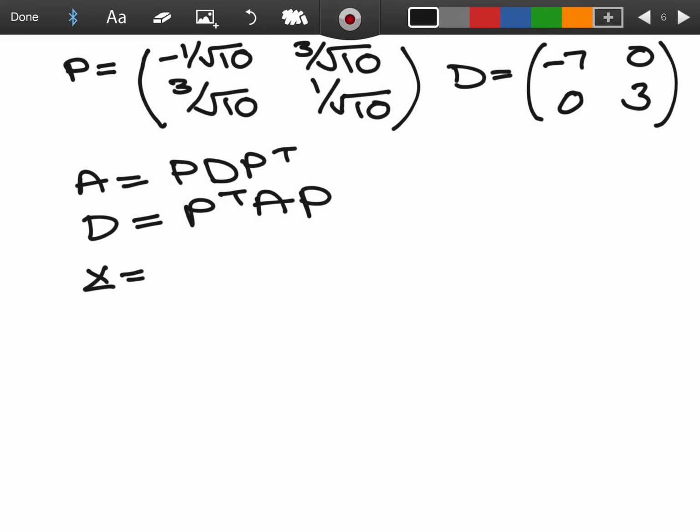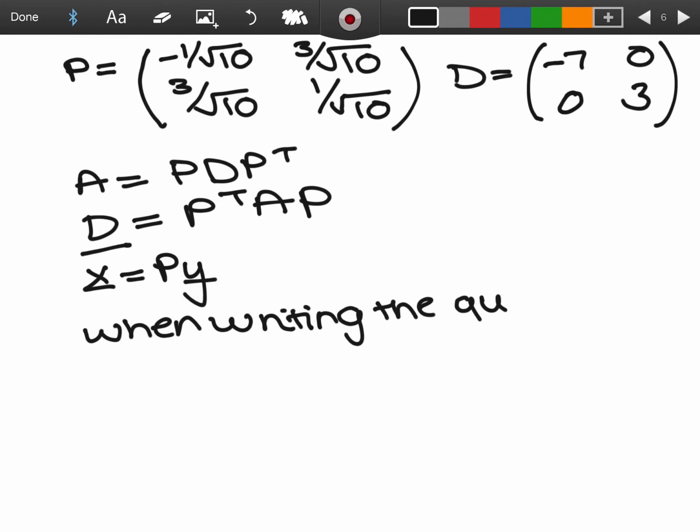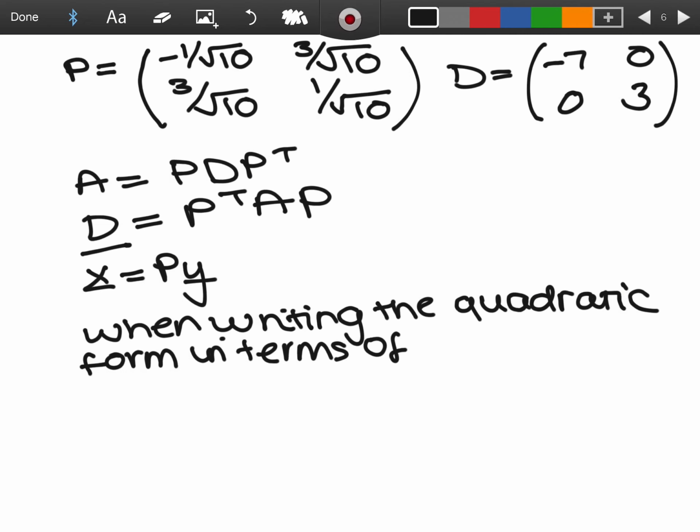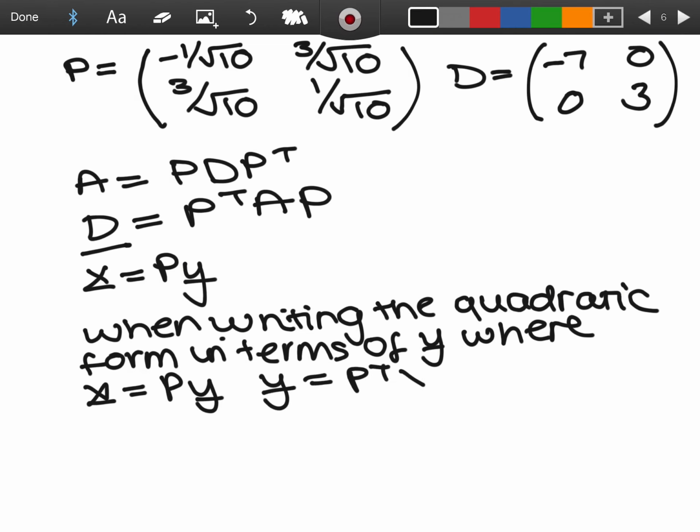So by letting X equal P times Y, I know now that when I write my quadratic form in terms of Y, the matrix for my quadratic form is now D. So when writing the quadratic form in terms of Y, where X is equal to P times Y, or you can say Y is equal to P transpose X or P inverse X, okay?